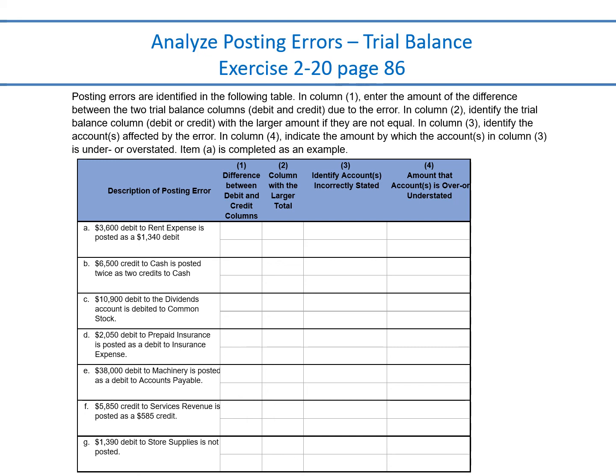Well, what they're telling us is that in A through G, they don't match, and they want us to analyze those errors and identify what accounts are wrong, how much they're wrong by, are they under or overstated. They want us to analyze the difference between the trial balance debit column and the trial balance credit column. What's the difference between the two columns? And then which column is higher, okay?